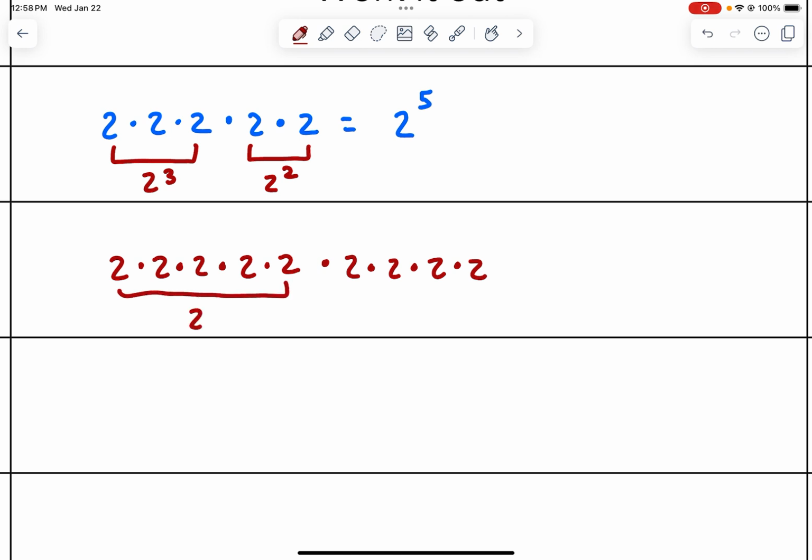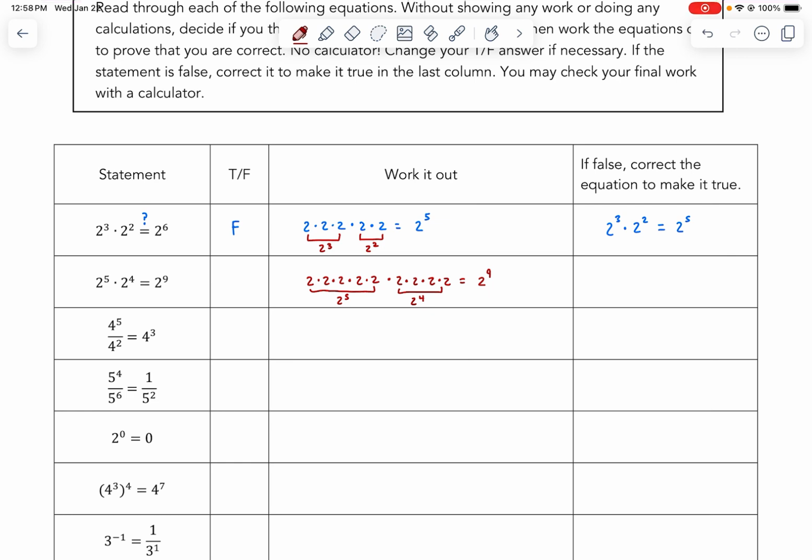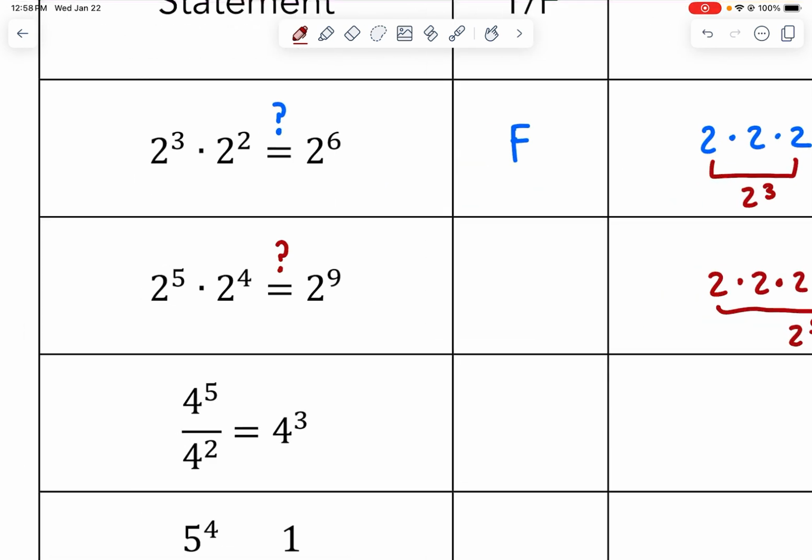Once again, this is 2 to the 5th. And this is 2 to the 4th. If you count up all the 2's that are being multiplied, we have a total of 9 2's. So in reality, this would equal 2 to the 9th. If you look at the statement here, this statement is actually true.